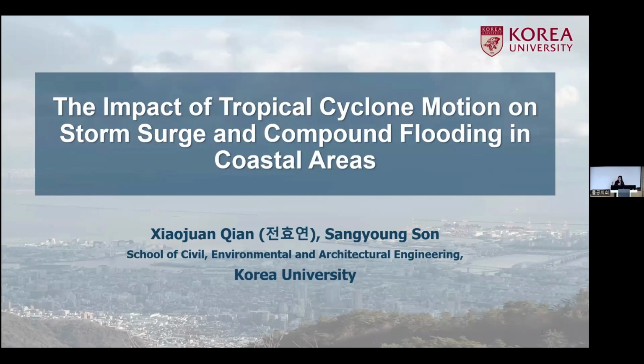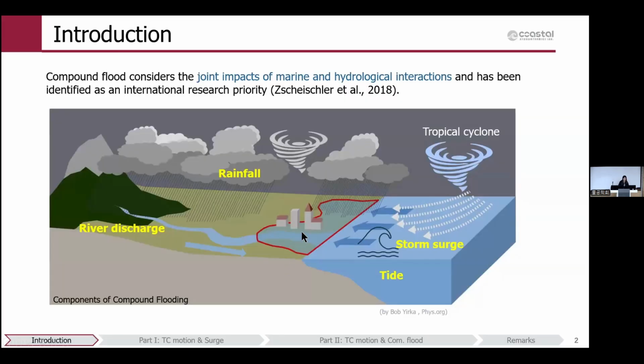The topic is the impact of tropical cyclone motion on storm surge and compound flood in coastal areas. Compound flooding poses a major threat to coastal areas, especially during tropical cyclone events.